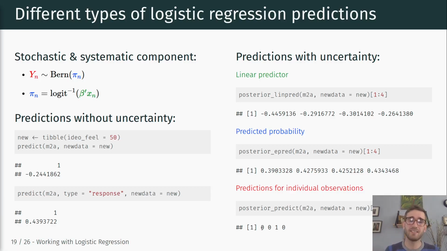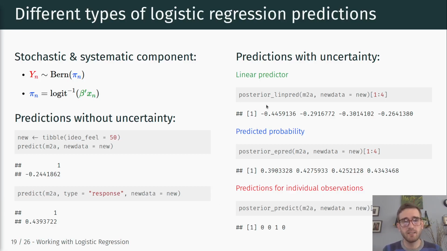And this now takes into account not only the estimation uncertainty around our betas, because we have different beta values that lead to different predicted probabilities, but we actually have stochastic uncertainty, because we're flipping a coin again and again and again, and it can, with a given probability, land on heads or land on tails, right?